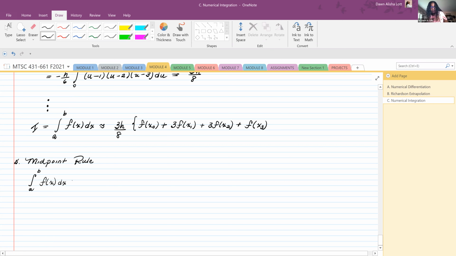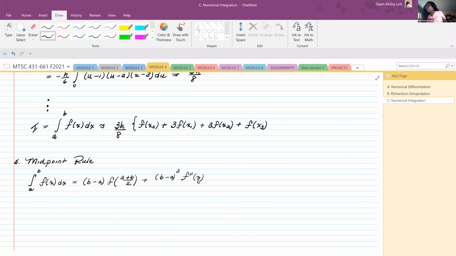And that is equal to, very simple, we talked about this, b minus a times f at the midpoint, f of (a plus b) over 2, and its error, which I'm just going to give to you, is (b minus a) cubed times f double prime at eta over 24, where a is less than eta is less than b.